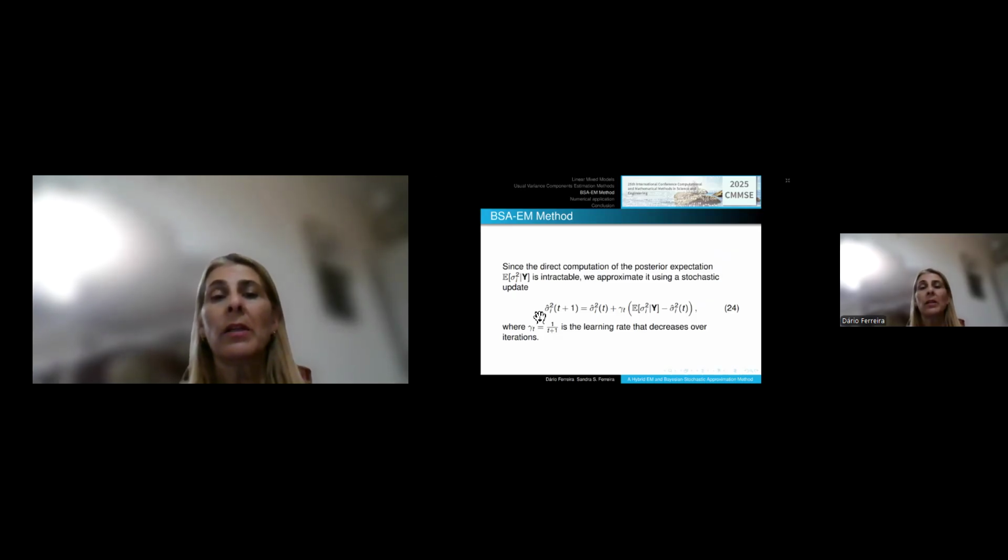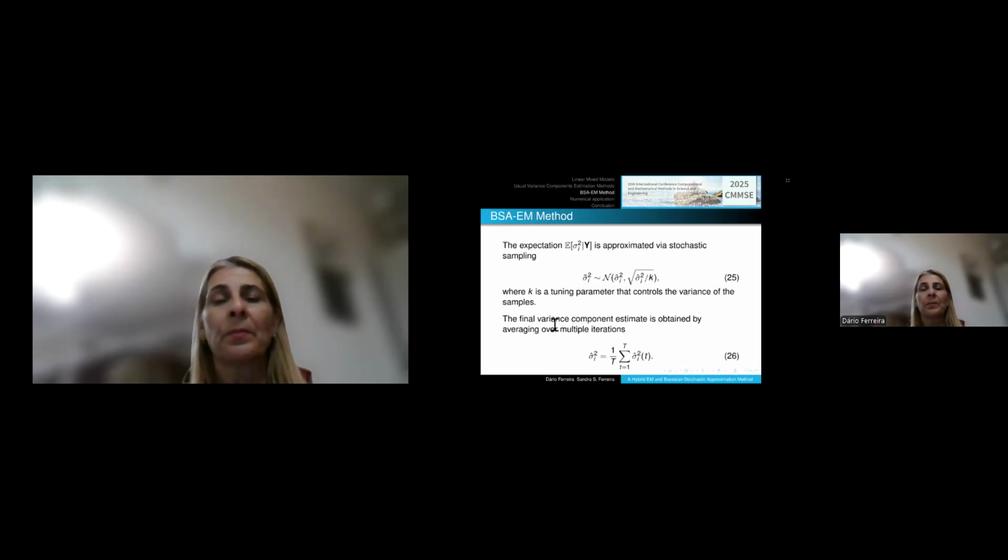Since the direct computation of the posterior expectation is intractable, we approximate it using a stochastic update like we have in equation 24, where gamma_t is the learning rate that decreases over iterations.